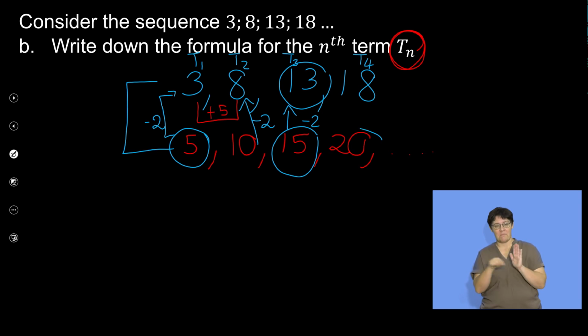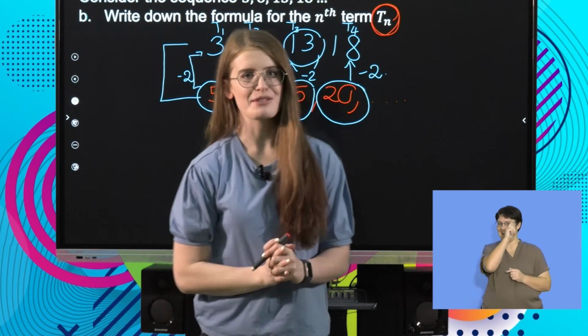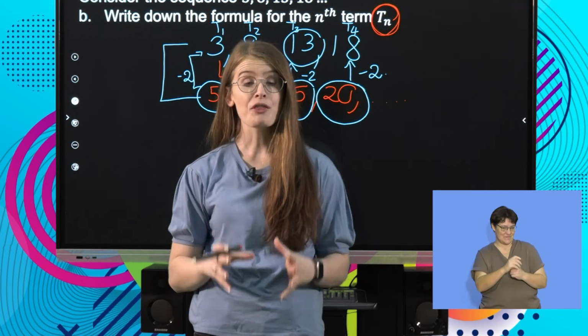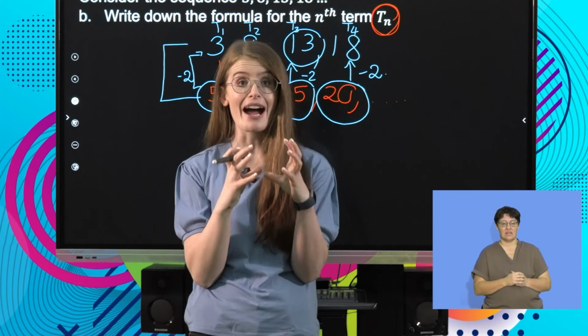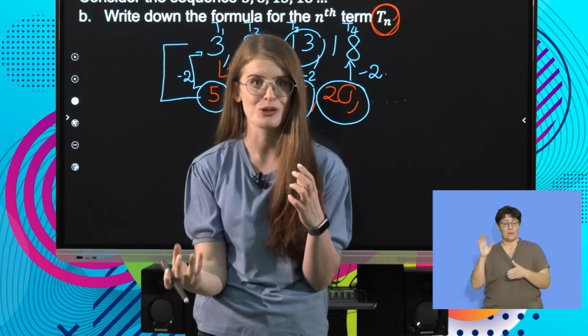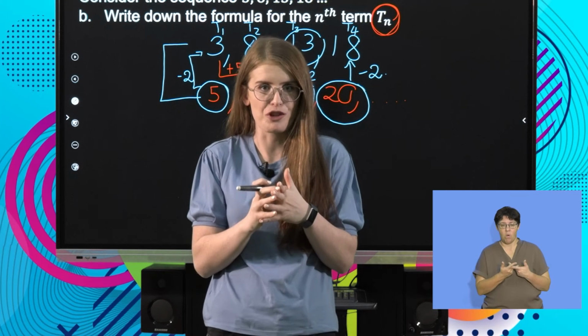If I look at the fourth multiple of 5 to get to term 4, I can see that I subtract 2. So, ladies and gentlemen, I'm hoping that you can see that there's a relationship. With regards to the multiples of 5, I multiply 5 by the term number, and then I subtract 2. So that is my general, or nth term, for the pattern.